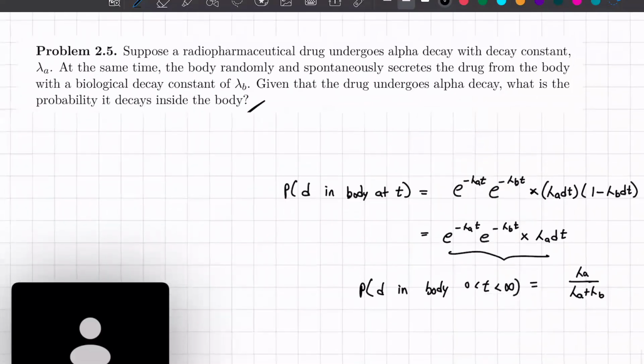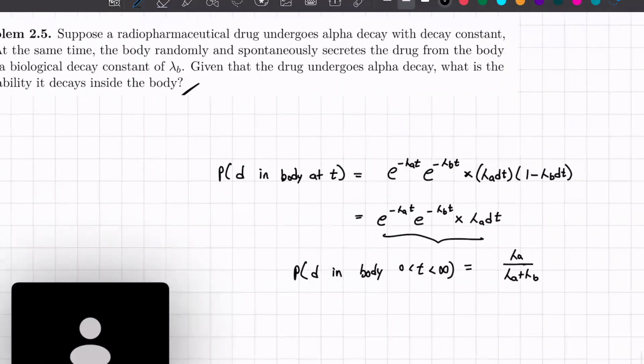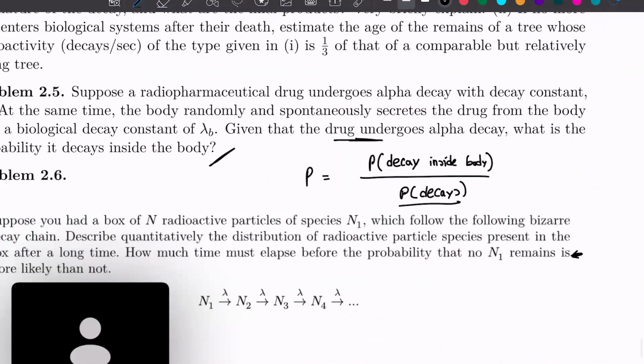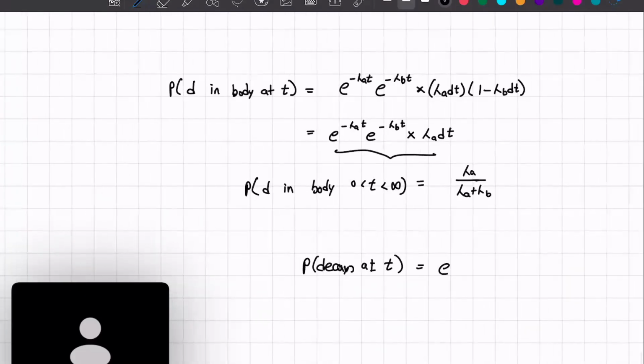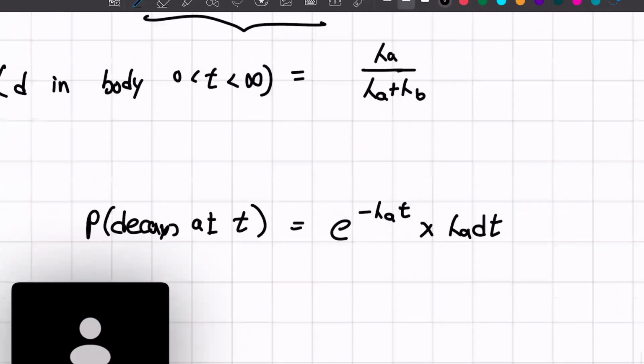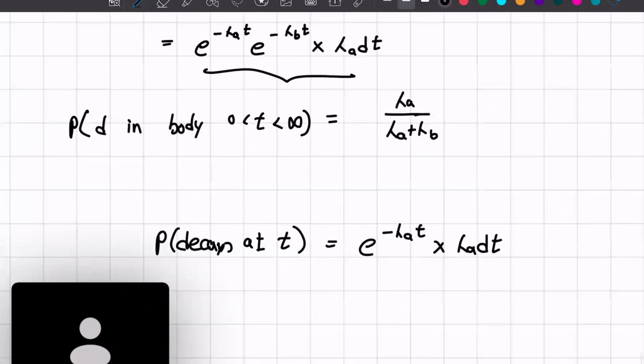Then next, we also want to talk about the probability that it decays at all, right? This one is pretty simple, because the probability that it decays at t, for instance, is just lambda a times dt, because now we are not even considering whether it secretes or not. We don't even care about the body.